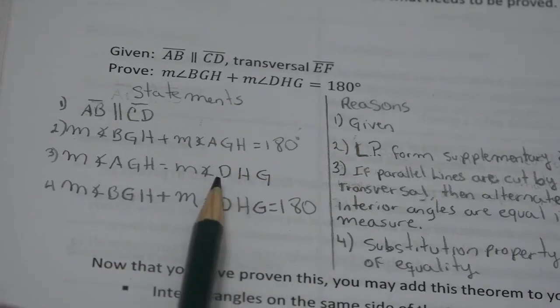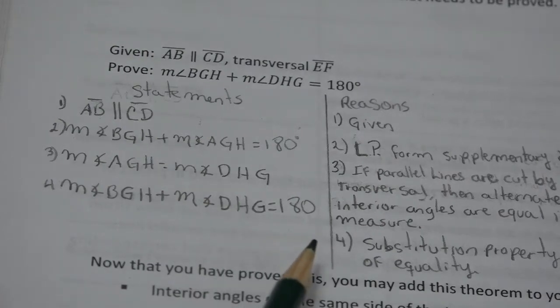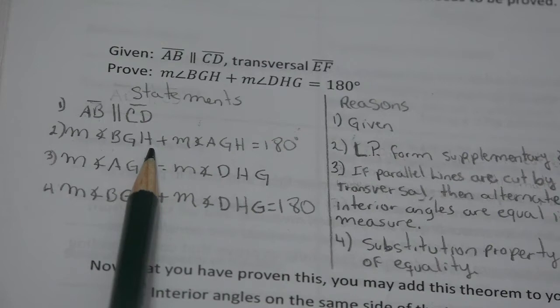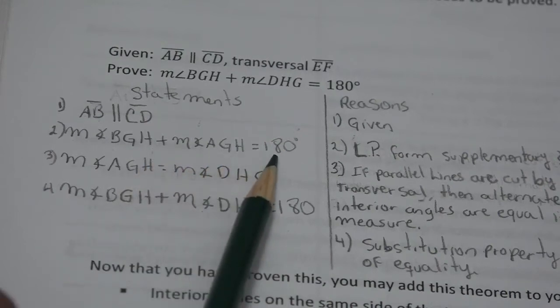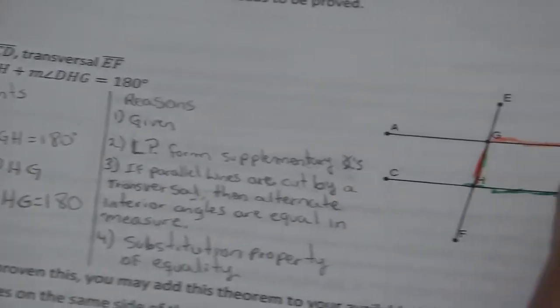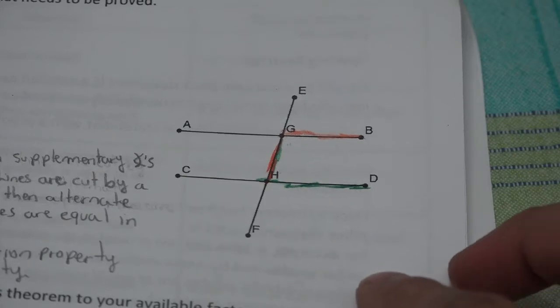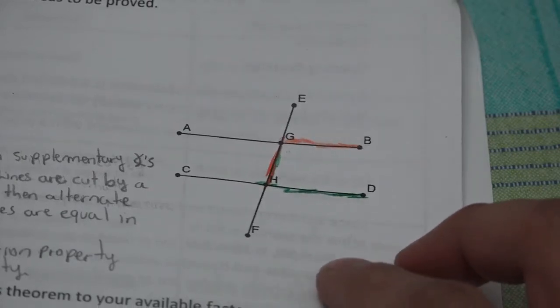Okay then. So now, let's see. I write that angle BGH plus angle AGH equals 180. Let's go over here and see what I wrote. Okay, I wrote that angle BGH, let me choose a different color now.